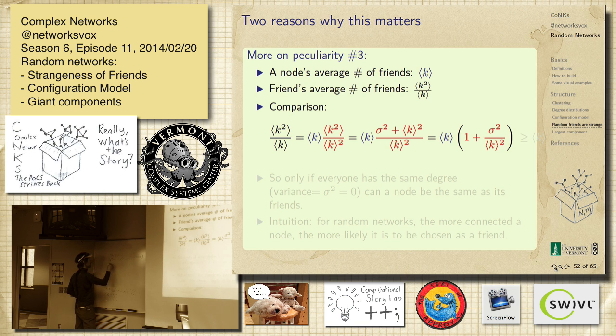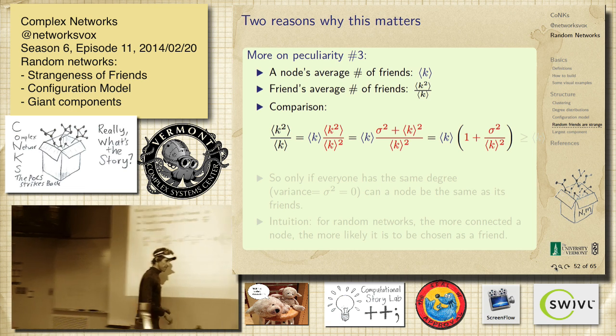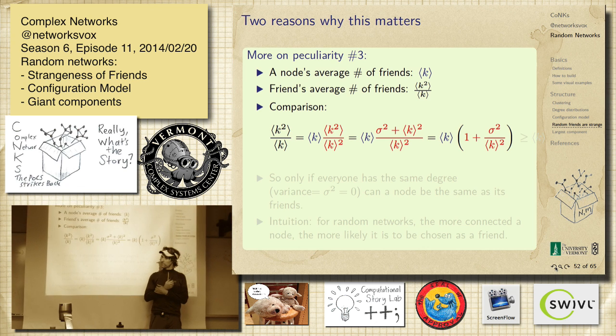So if we're dividing that by the mean, it's the mean plus 1, which is what we said before, right? So in Poisson, they always have 1 more than you.